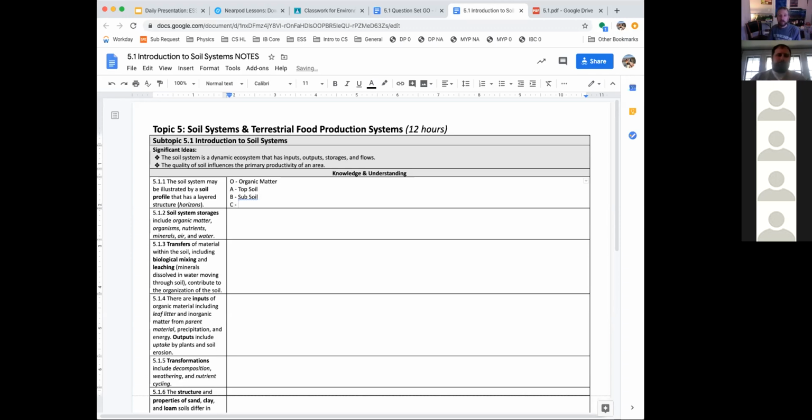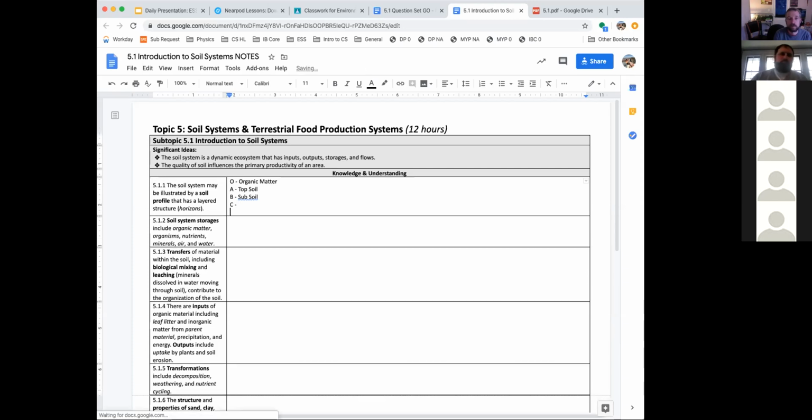The next horizon that we talked about was C. So what's the C horizon? Think mom and dad. C horizon.